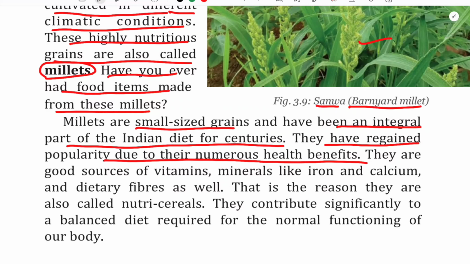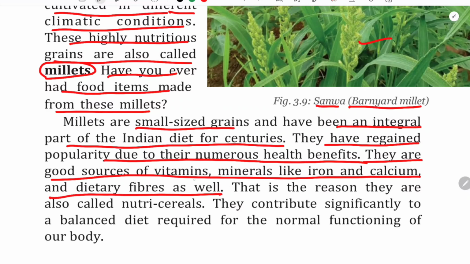Instead of chapati made from wheat, it is always suggested to eat chapati made from bajra, because these have more nutritional value. They are a good source of vitamins, minerals like iron and calcium, and dietary fibers as well.